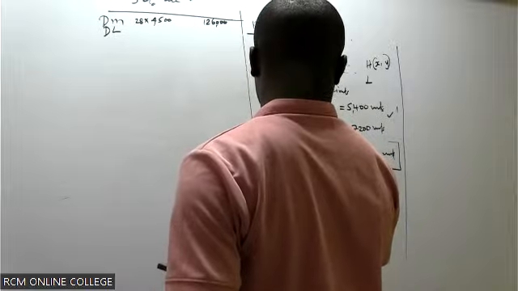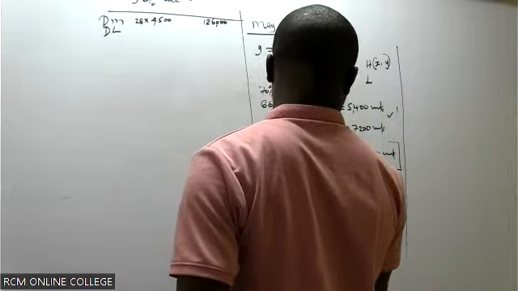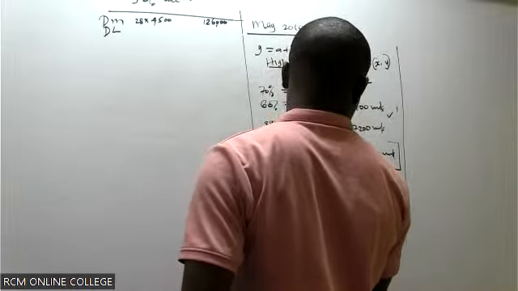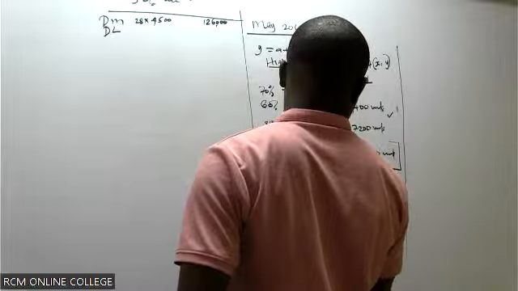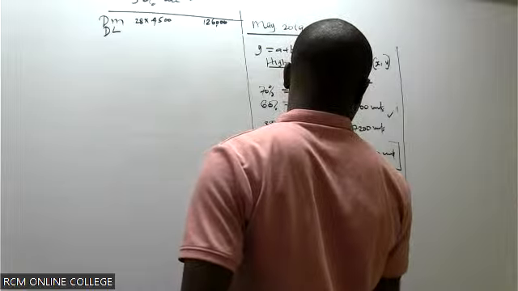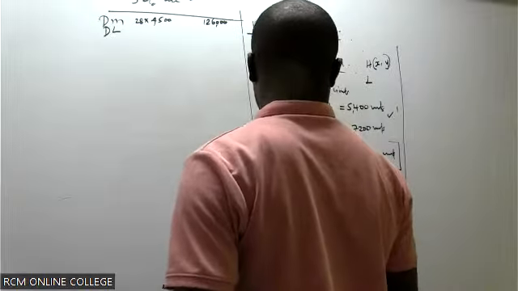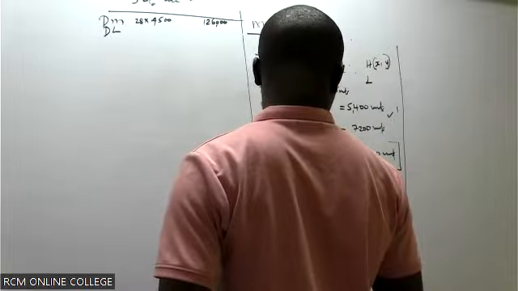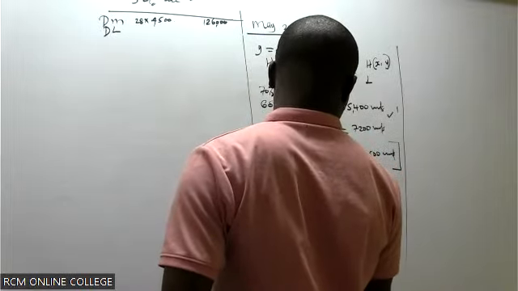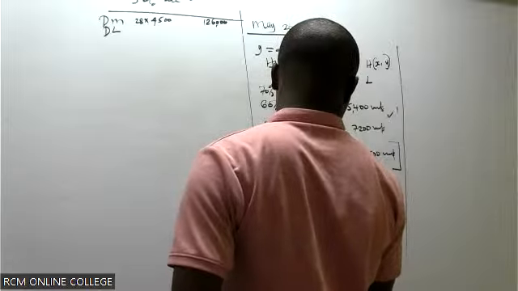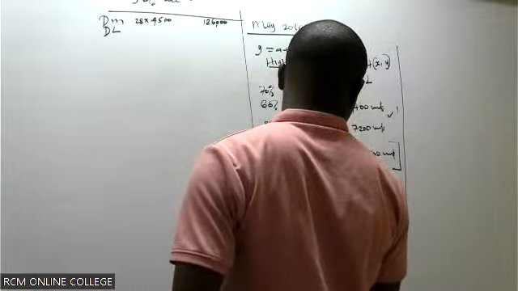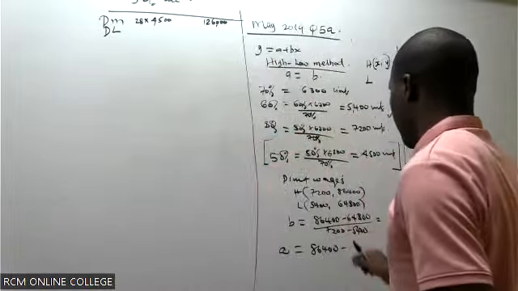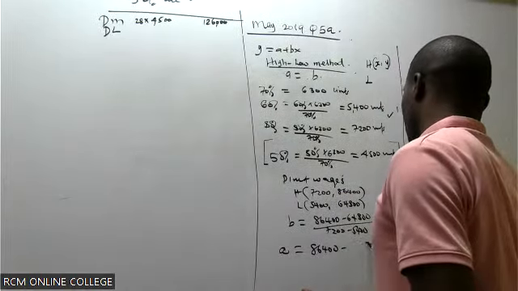So let's get the value of B, change in Y over change in X: 86,400 minus 64,800, divided by 7,200 minus 5,400. Give me the value of B. Then A will be equal to Y. We pick one of them here, 86,400 minus the value of B times X. I've decided to pick this one here, times 7,200.